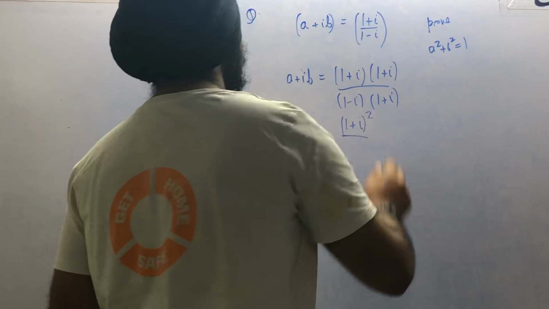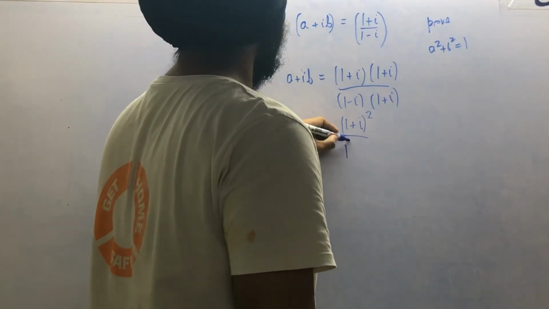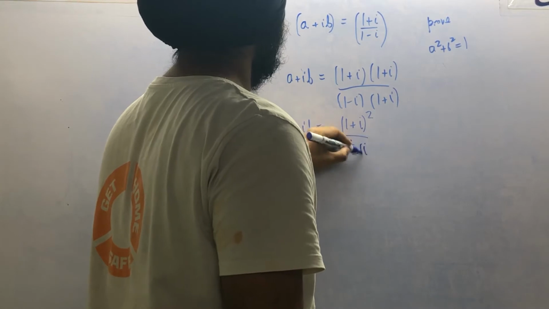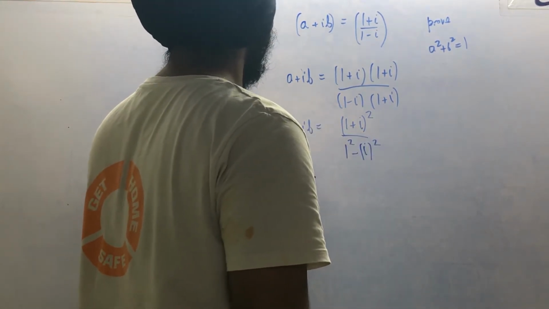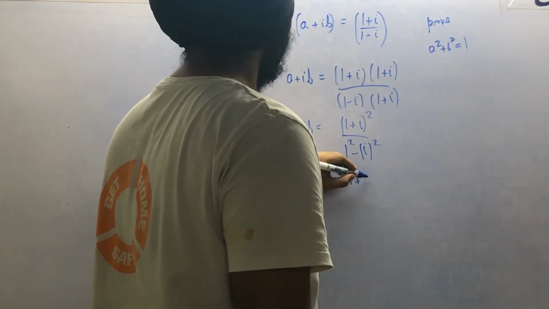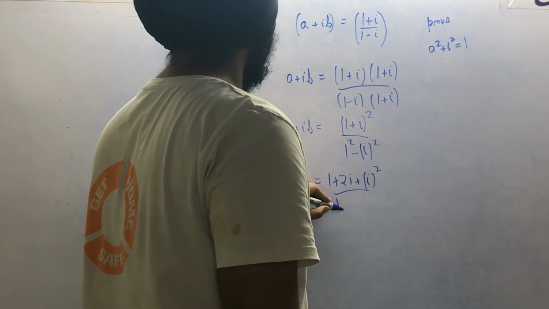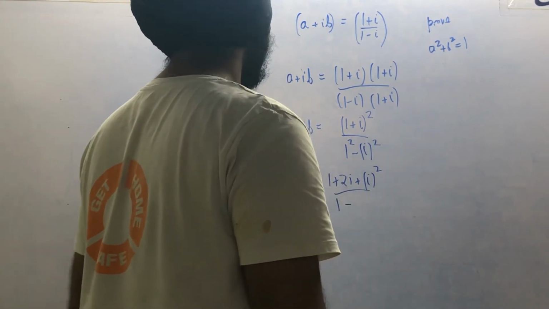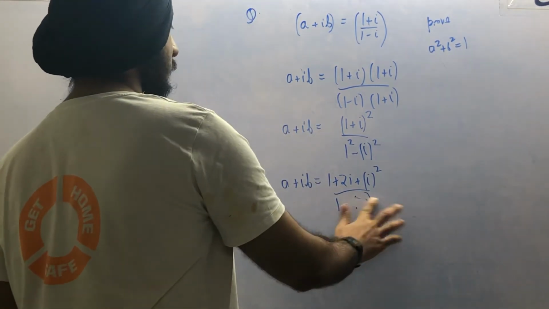And this is a minus b into a plus b, so that is a square minus b square, 1 square minus iota whole square. a plus iota b is equal to 1 plus 2 iota plus iota square divided by 1 minus iota square, which is minus 1, so minus minus becomes plus.